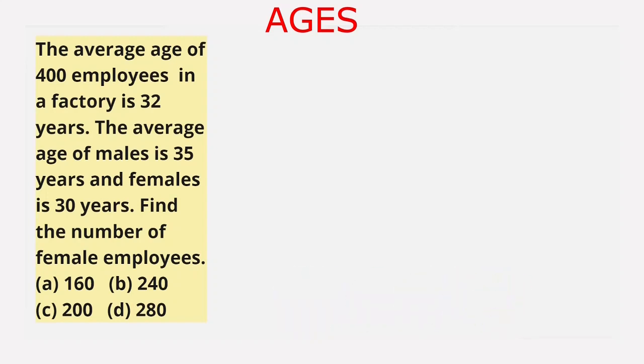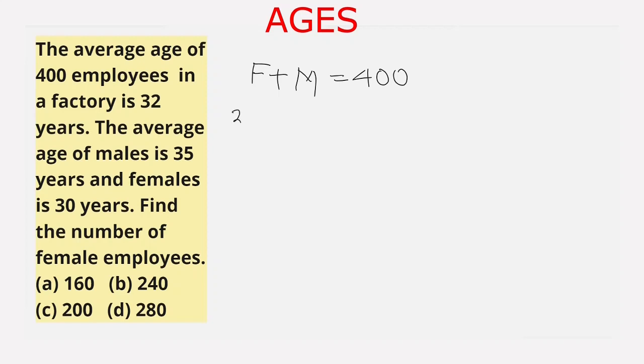The total number of males and females in the factory is 400. So I write F for female and M for male, F plus M equal to 400. Next, the average age of males is 35 and the average age of females is 30.